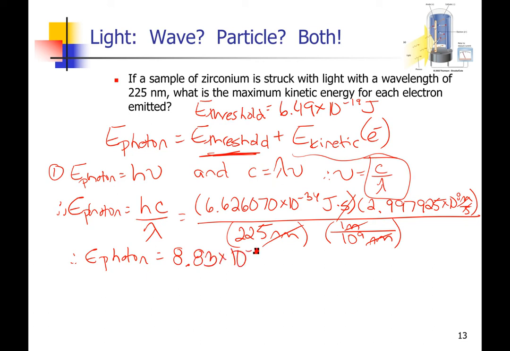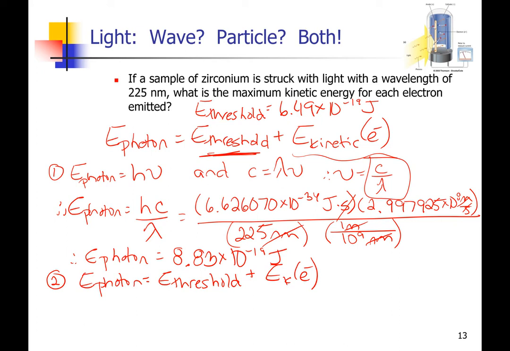And from there, since the energy of my photon equals the threshold energy plus the kinetic energy of my electron, because essentially the energy of that photon is doing two jobs. It's ejecting an electron from the atom. The energy consumed by that is the threshold energy, and then the leftovers get transferred as kinetic energy.